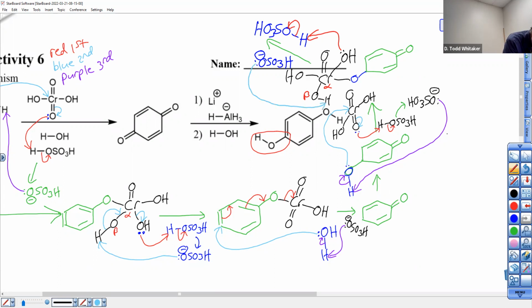Make sigma into pi. Leaving group leaves. Chromate ester number 2, right here. Chromate ester number 2. Got a blue O.